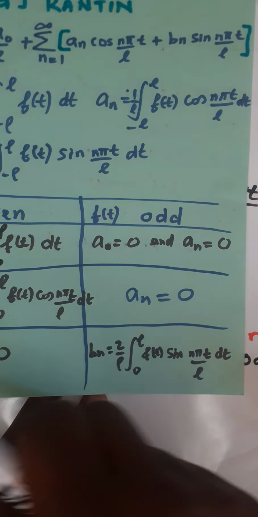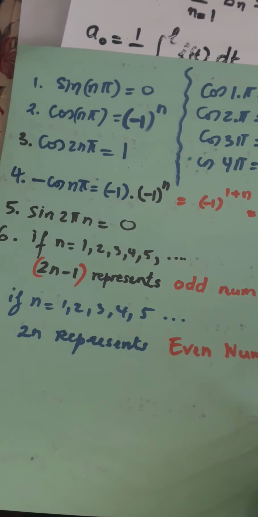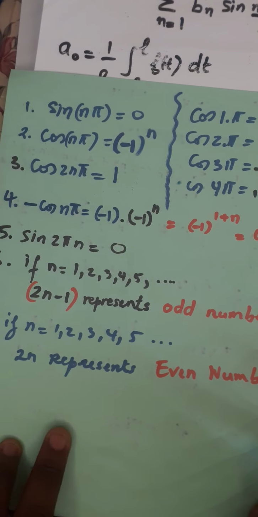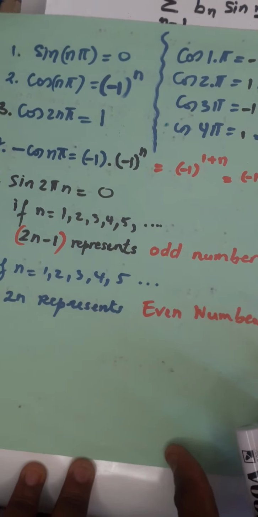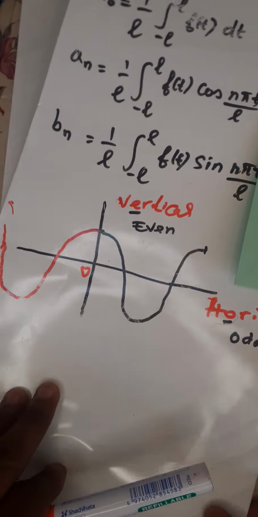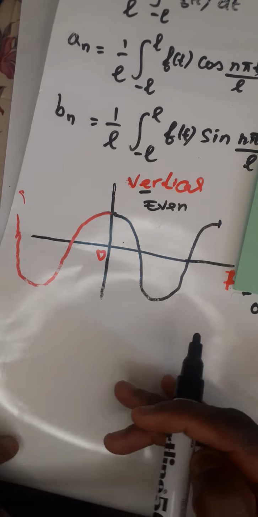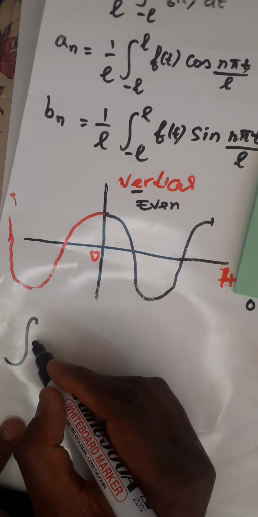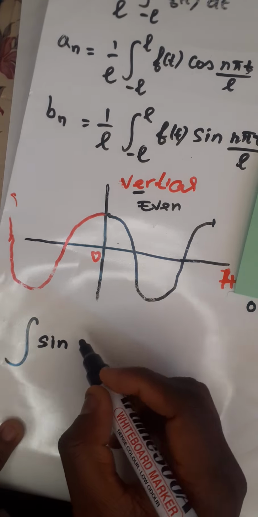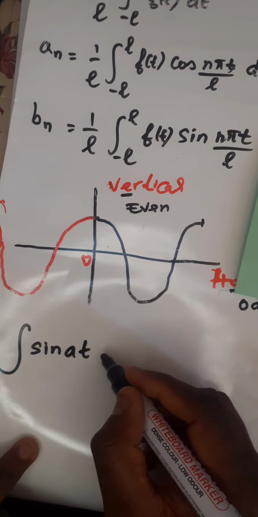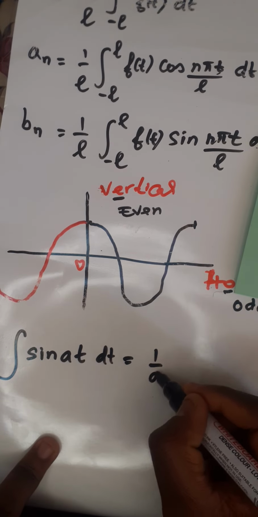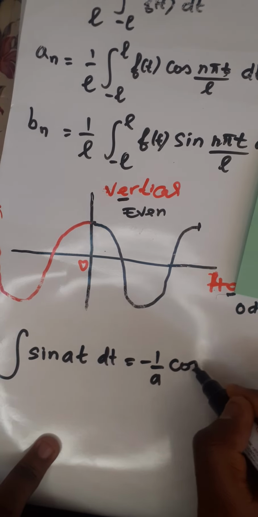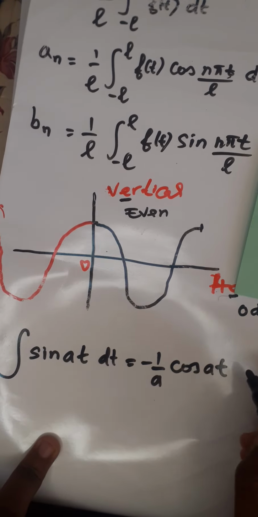That's it. But before finishing this introduction, I want you to know a little bit about some integrals, because we will be dealing with integrals. I just want to show you something quickly. The integral of, for example, sine of at dt is the same as minus 1 over a cos of at, obviously plus c.